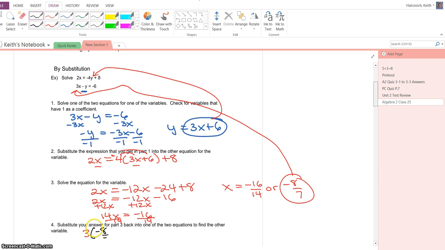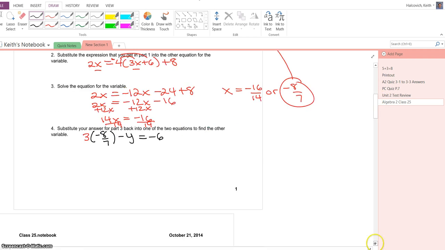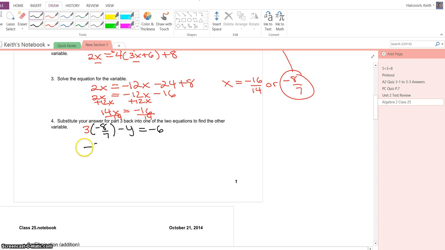So negative 8/7 minus y equals negative 6. So then when you multiply, you get negative 24 over 7 minus y equals negative 6. Get rid of the fraction by multiplying by 7.